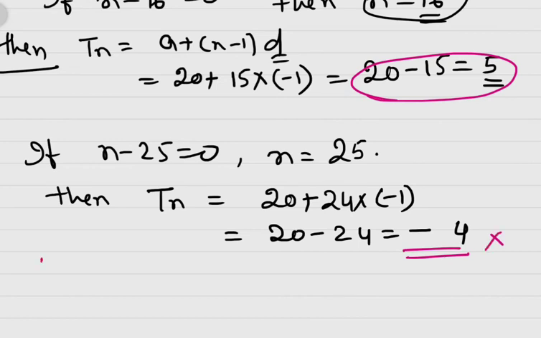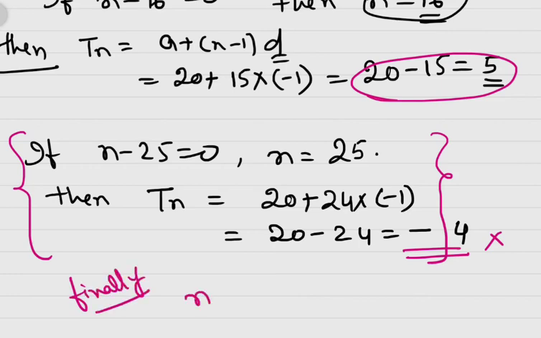When you are seeing the logs 1, 2, 3, 4, this is the way you will be counting the logs. So here you will say that this particular part where n is equal to 25 doesn't fit for our question. So finally, what will be your answer? n equal to 16 is the right answer, and the nth term will be equal to 5.